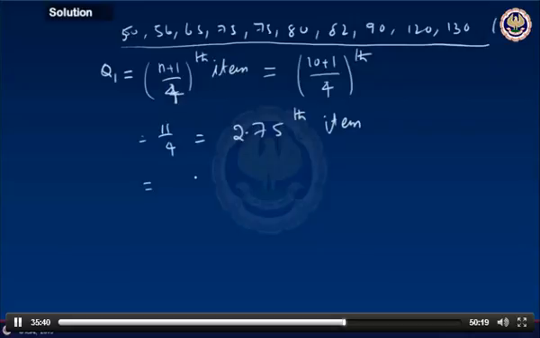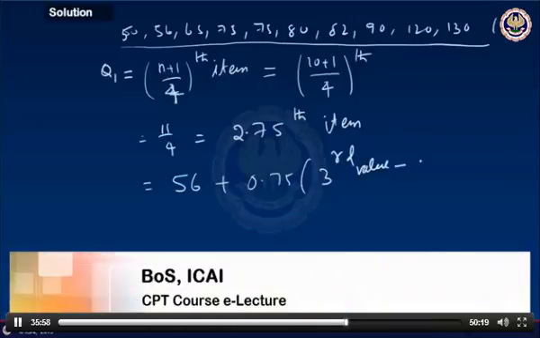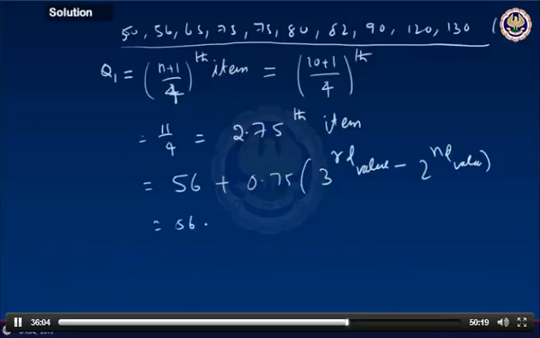Let us look at the data. The second value is 56 plus 0.75 of the difference between the third value and the second value. The third value is 65 and the second value is 56. So 56 plus 0.75 into (65 minus 56, which is 9), that is 6.75.